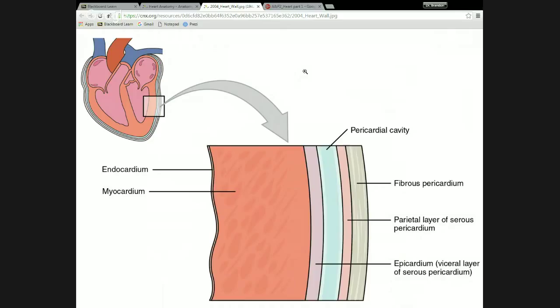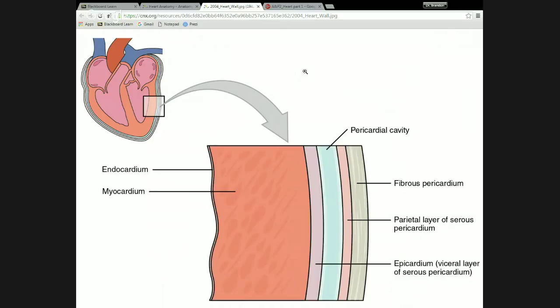And then the innermost layer is called the endocardium, which is a simple squamous epithelium, again, not at all related to the pericardium. It's called the endocardium. It's a layer of simple squamous epithelium lining the inside of the heart, giving it a smooth, continuous inner surface. And the endocardium is continuous with what we're going to meet in the next chapter called the endothelium, which is the simple squamous epithelial wall lining blood vessels.